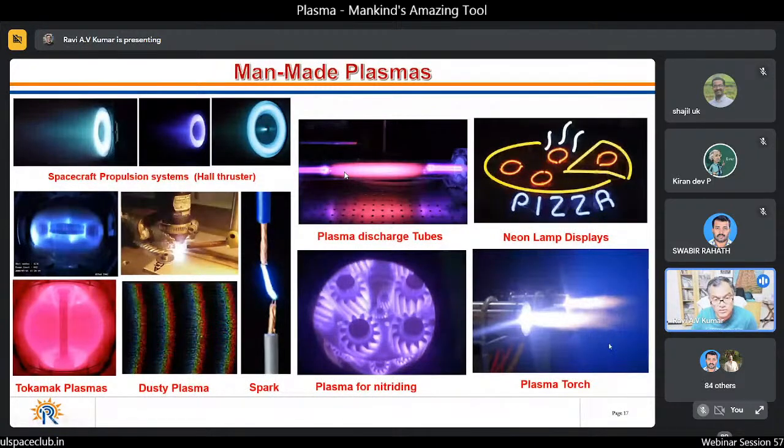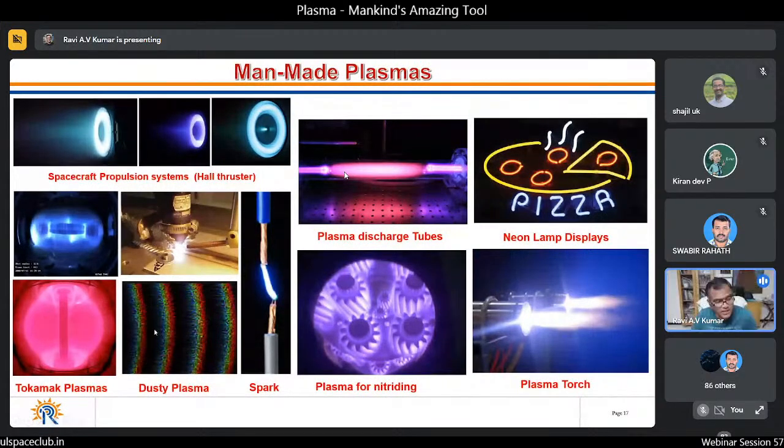And these are plasma torches, which have extremely high temperatures. The temperature here is anything between 5,000 to 10,000 degrees centigrade. And this is again for an industrial application. But these are some of the man-made plasmas.